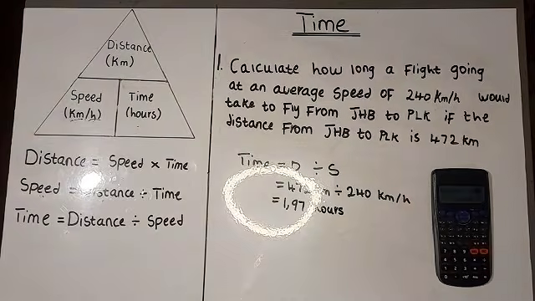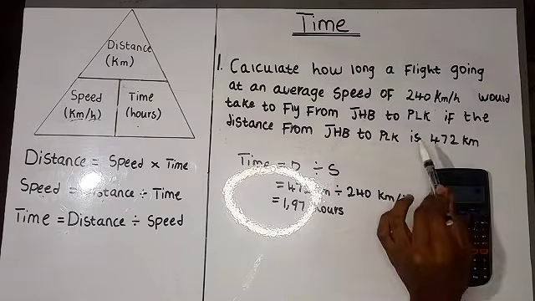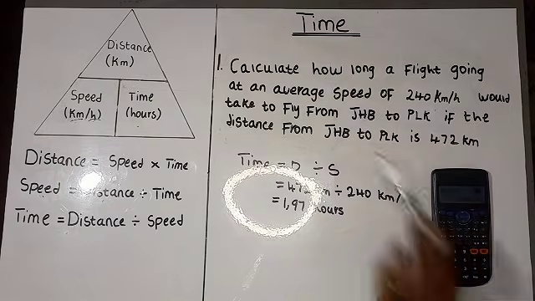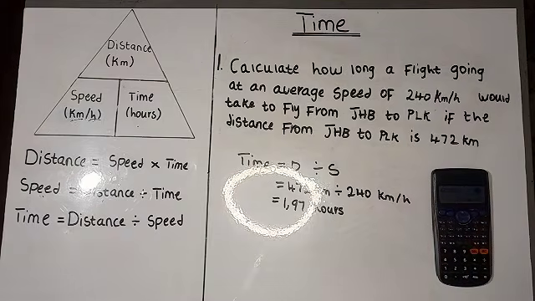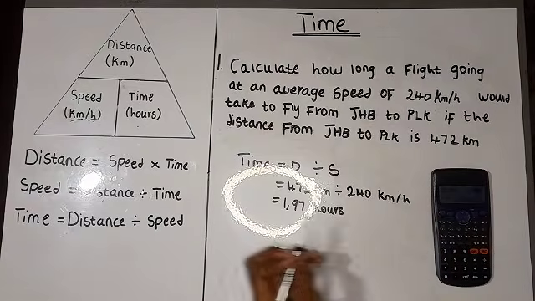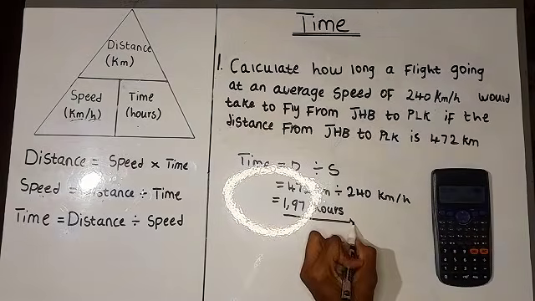So that means it takes the flight 1.97 hours to travel from Johannesburg to Polokwane if the distance is 472 kilometers and the flight is going at an average speed of 240 kilometers per hour. This is the final answer.